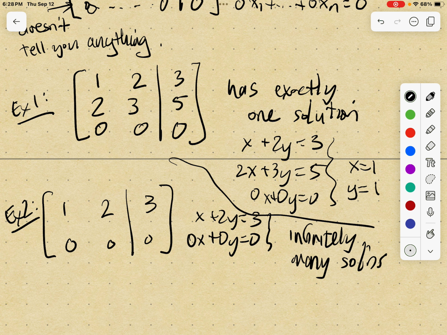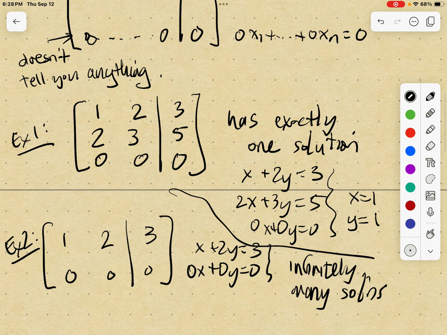The difference is that this matrix is in echelon form, okay? But the first one is not in echelon form. You might argue that it's not in echelon form. Well, if you reduce it, you're going to get 0, and then minus 1, so it's row 2 minus 2 row 1, and you're going to get minus 1.